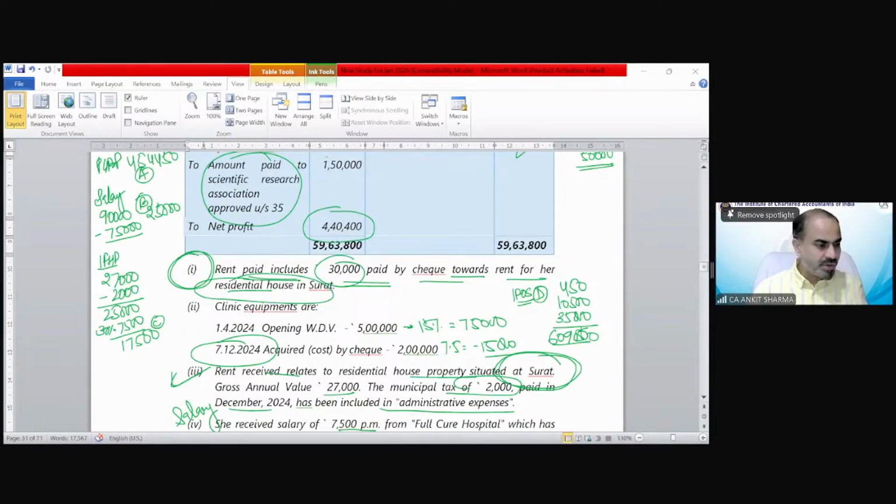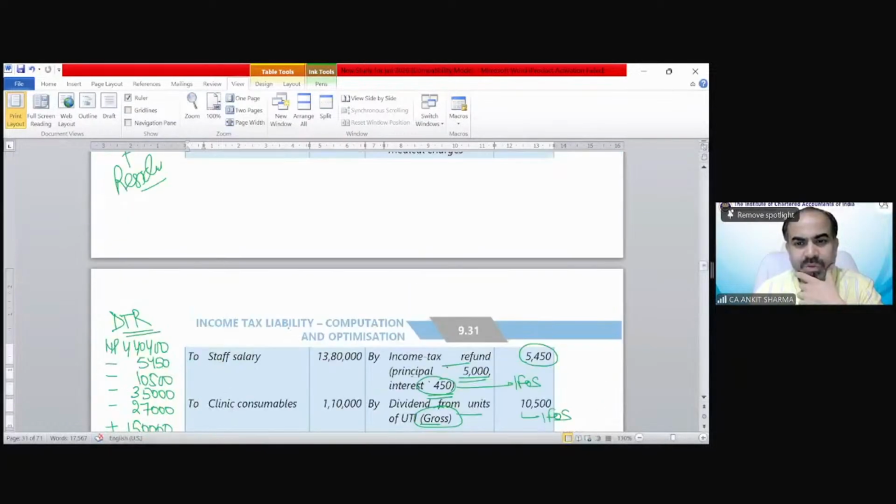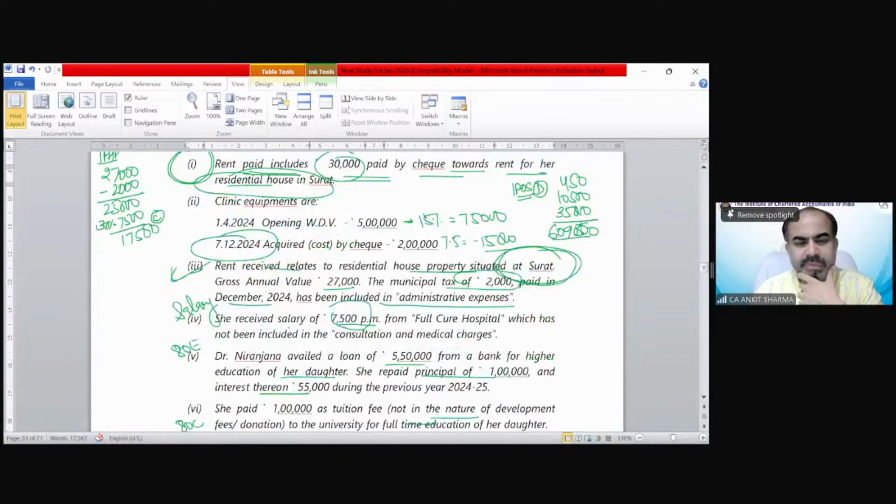Salary 15,000. Just let me see. Salary 7,500 rupees per month, isn't it? Where are you reading 15,000, children? Just let me see. So salary was 7,500.